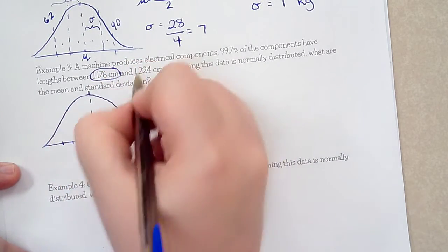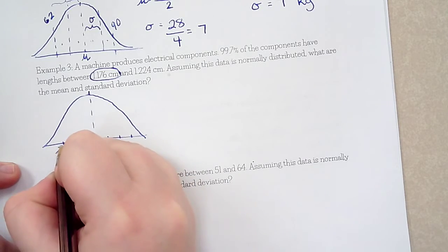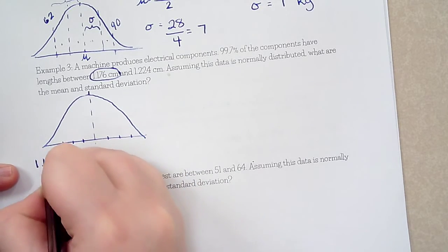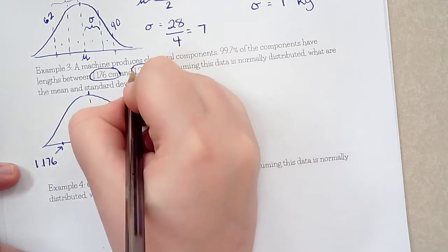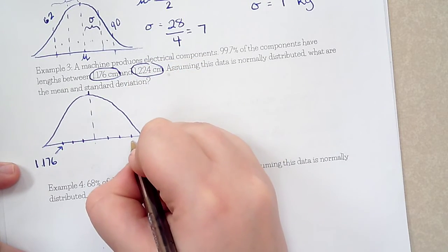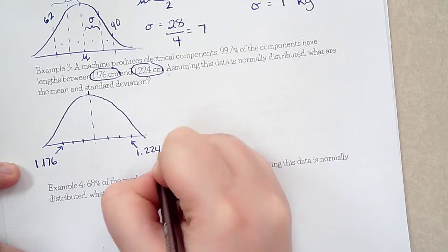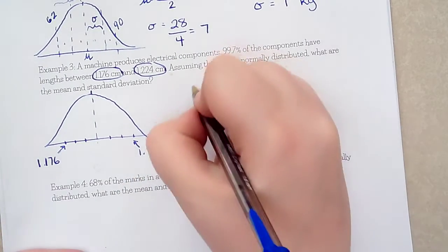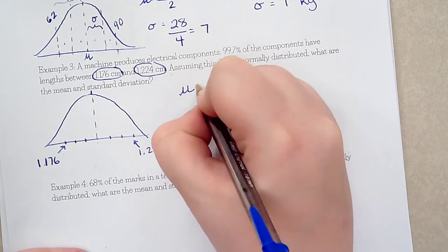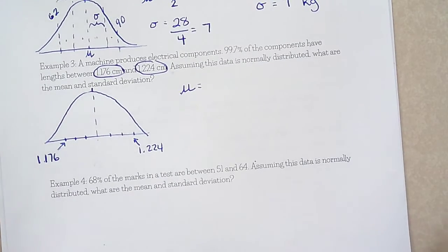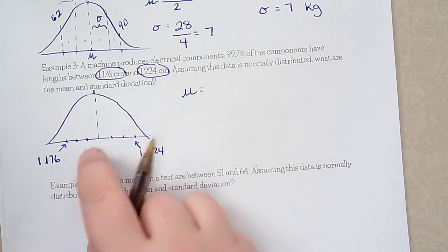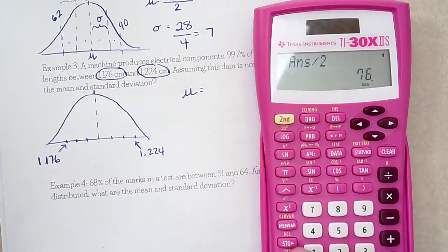And this will be associated with our lower 3, 1.176. And this will be associated with our upper 3, 1.224. If we want to find the average of a component length, we need to find what's right in between them.